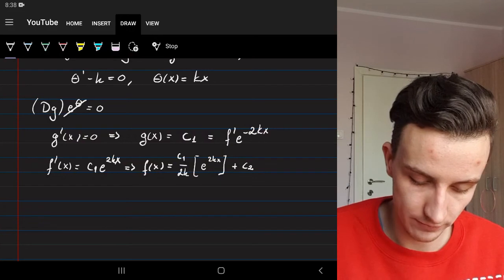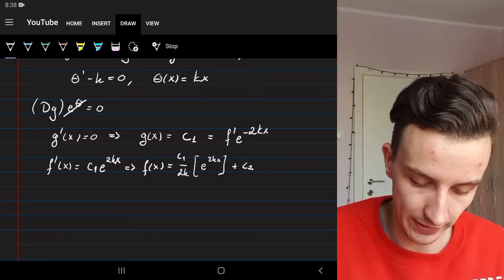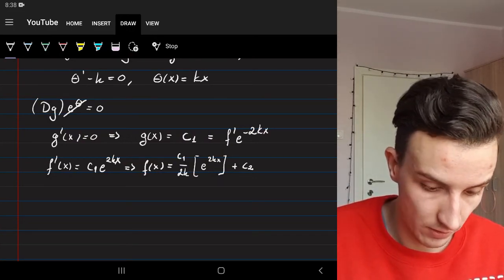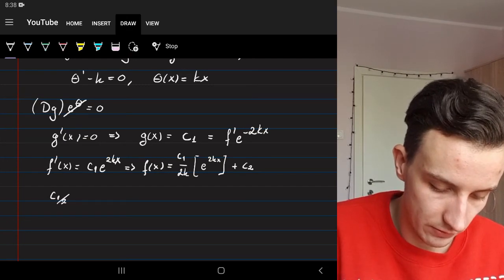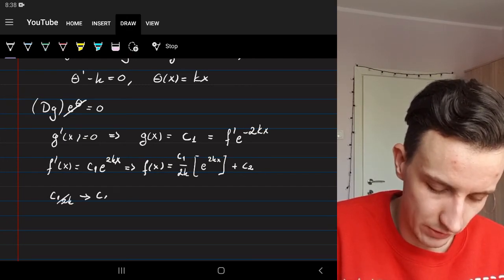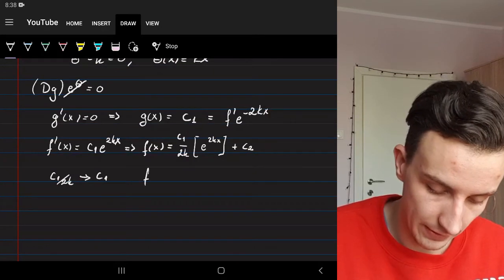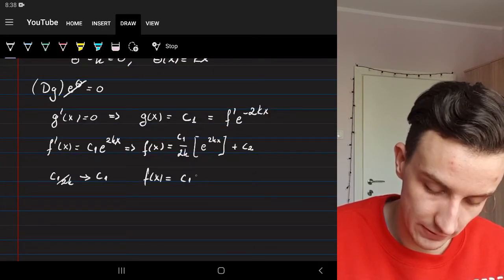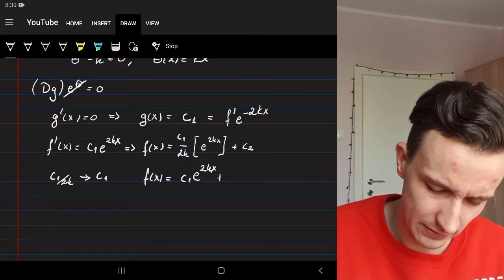Of course, I could label c1 over 2k as just c1. Let's do that. So c1 over 2k, just relabel to c1. And then f of x is c1 e to the 2kx plus c2.